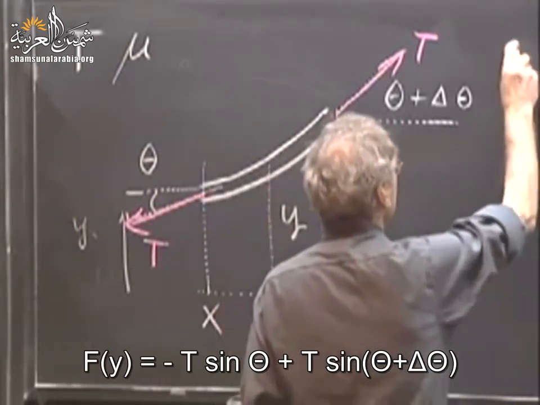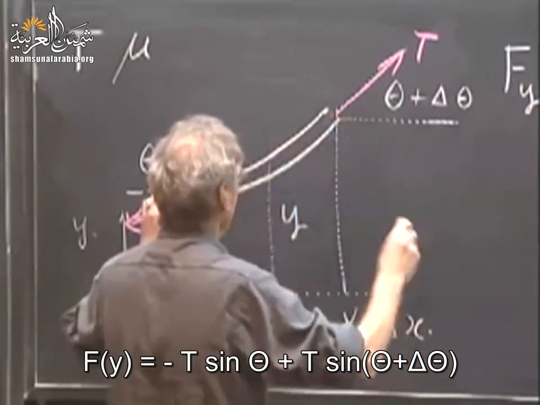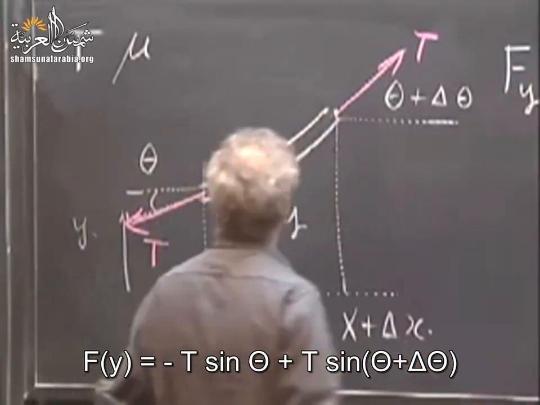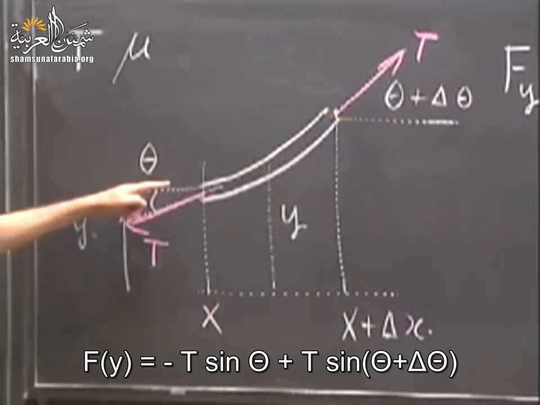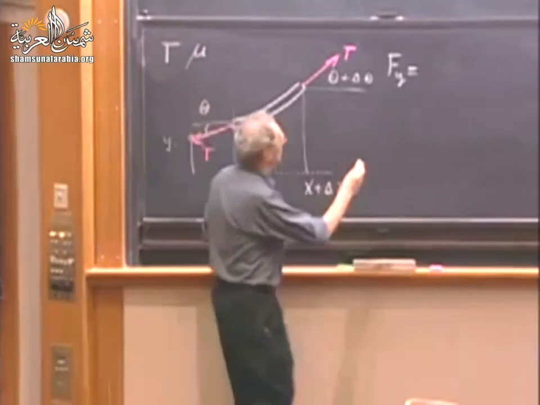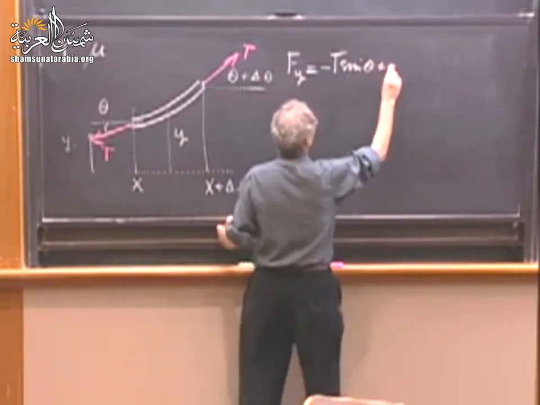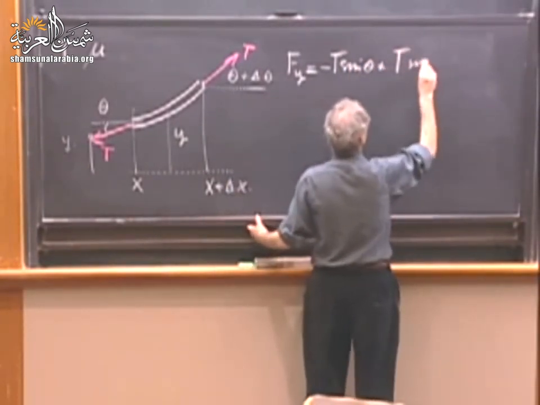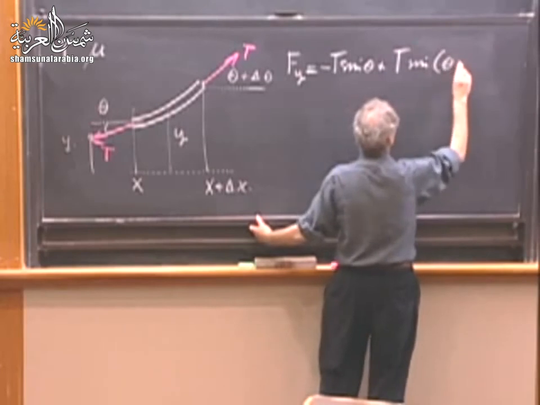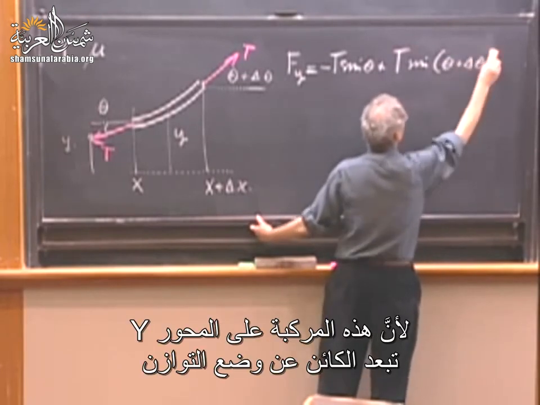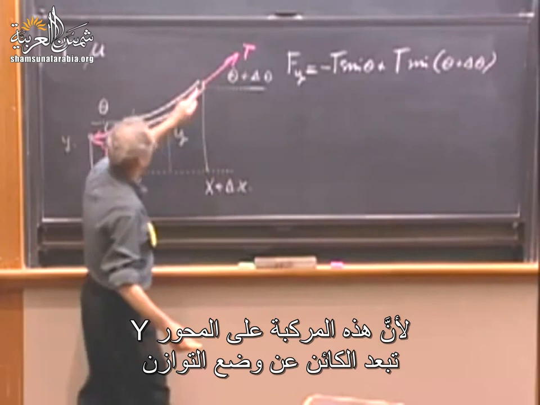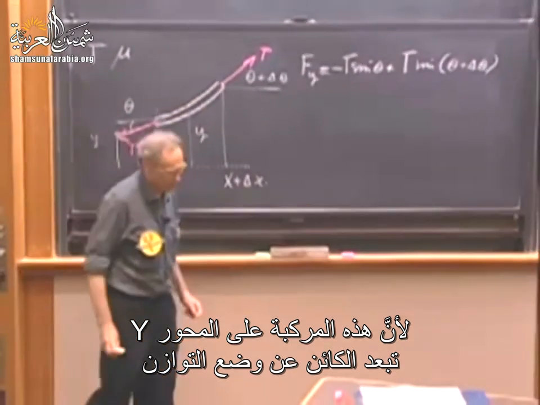And so F of y on this segment is then minus T sine theta, because this component is down, minus T sine theta plus T sine theta plus delta theta. Because this component in the y direction is driving it away from equilibrium.